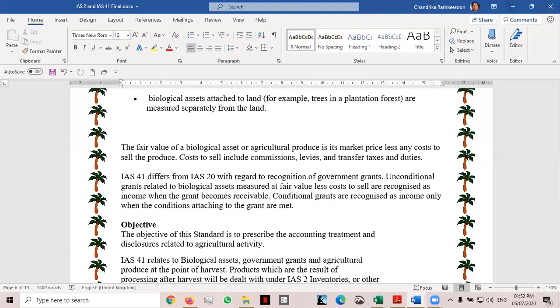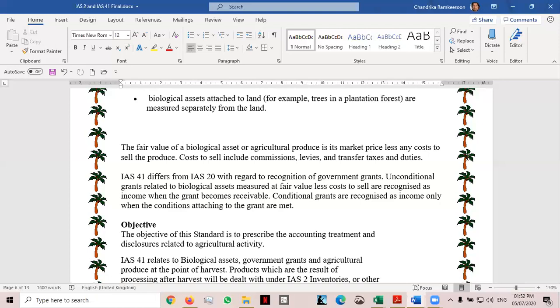An unconditional grant is one which simply has no conditions attached, in which case unconditional grants related to biological assets will be recognized as income when the grant becomes receivable. Note, when it becomes receivable.